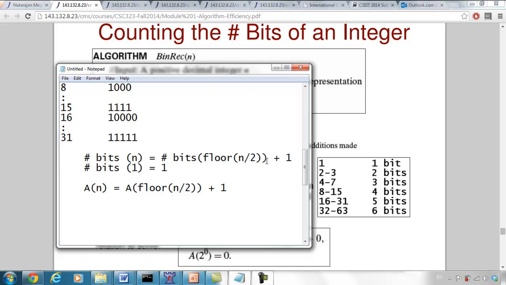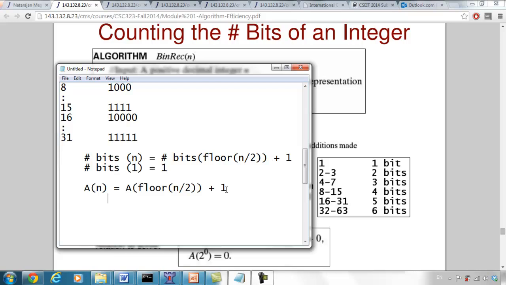So the number of additions needed to compute the smaller part, the number of bits for half of the n value, plus this one more addition. So that's what comes out to be plus 1.